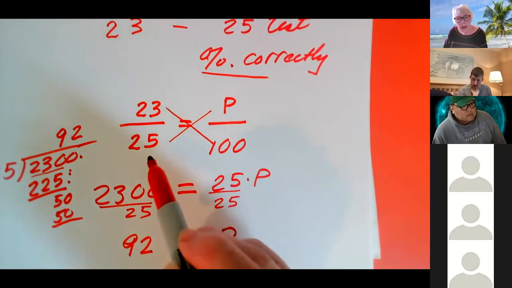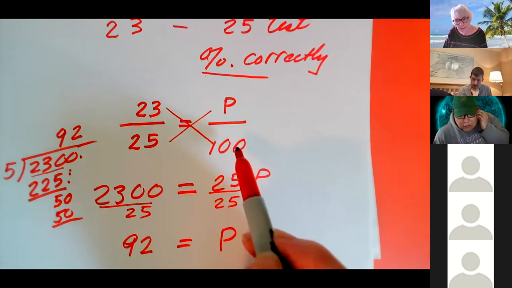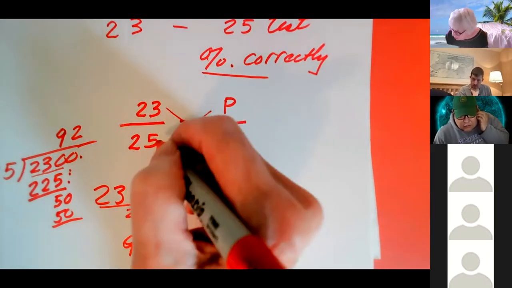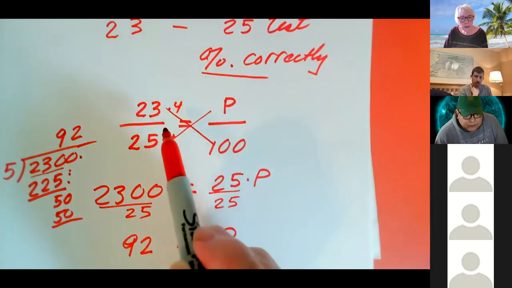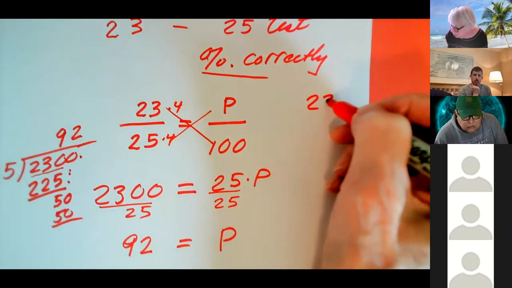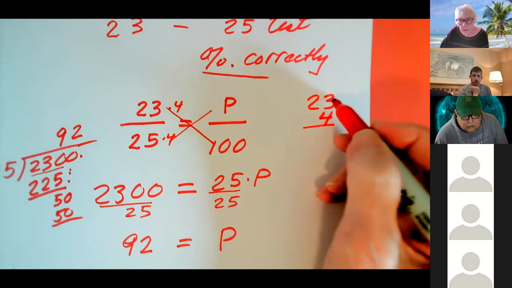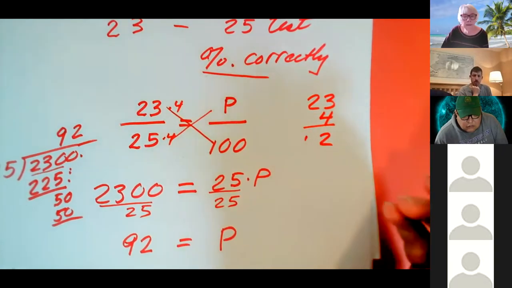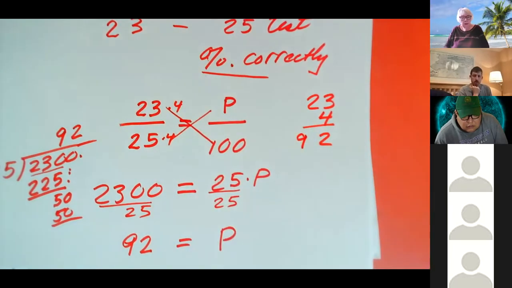Do you see that 25 goes into 100 4 times? The answer actually becomes 23 times 4. Let's just try it, just so that you can see this. 4 times 3 is 12, carry a 1. 4 times 2 is 8, and 1 is, there you are.